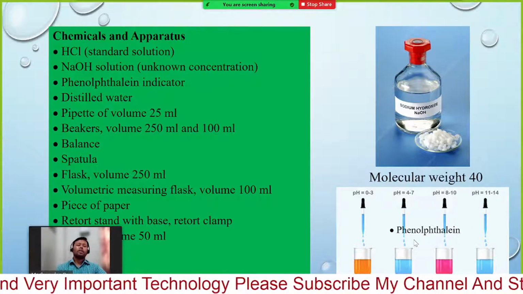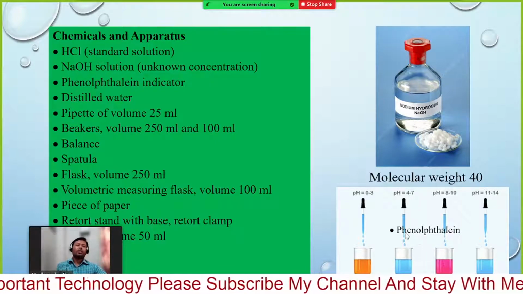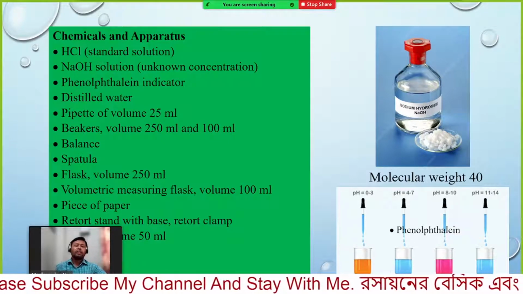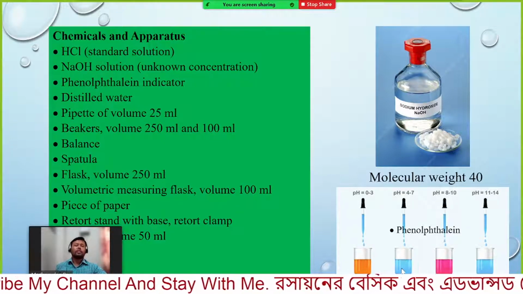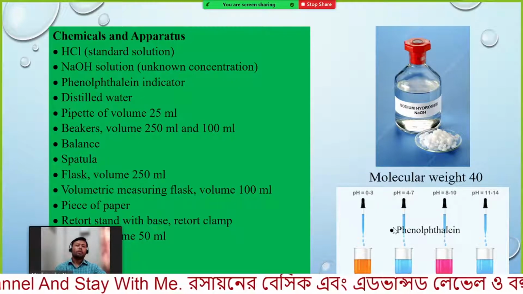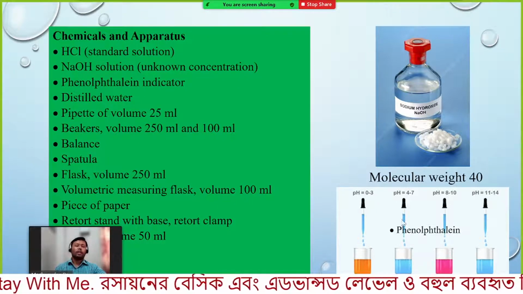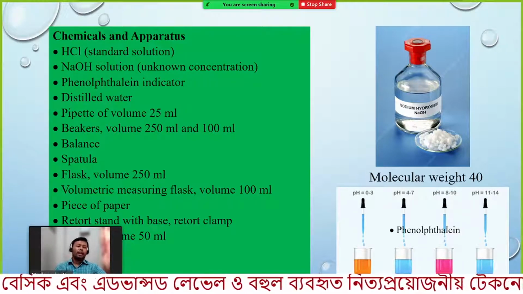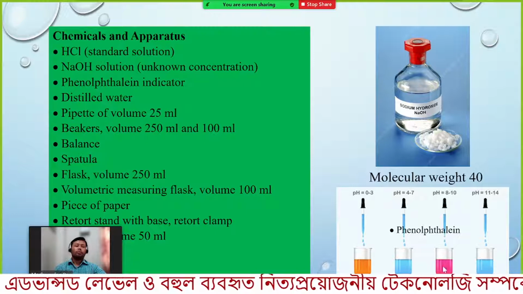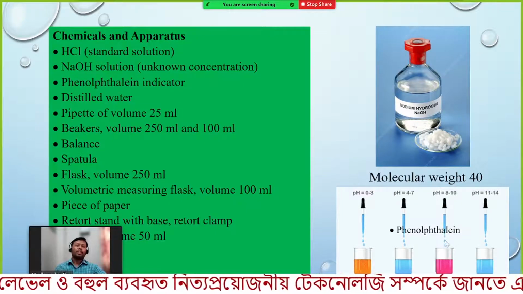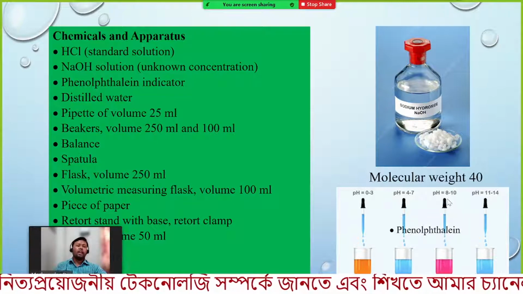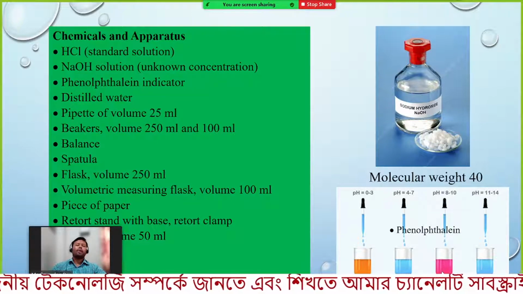In the last class we mentioned that we are using the phenolphthalein indicator, and this is colorless in low acidic condition. That means if the pH is 4 to 7, it is colorless, and if the pH of the phenolphthalein indicator is more than 7, around 8 to 10, then it is pink.